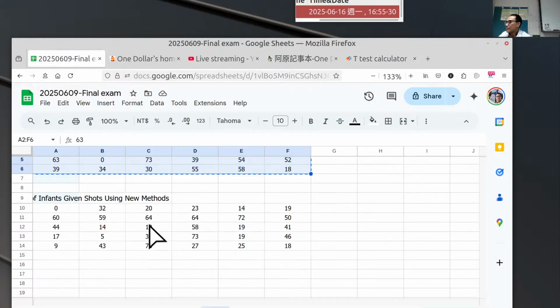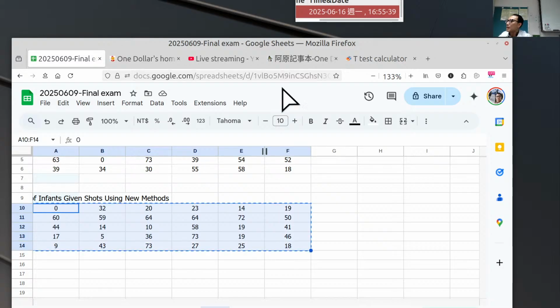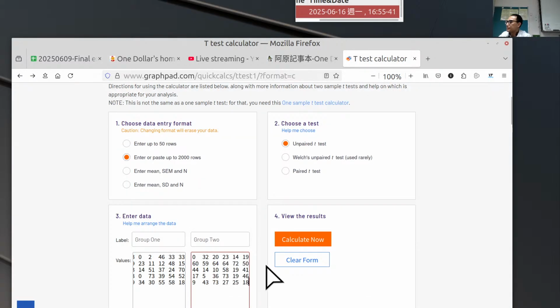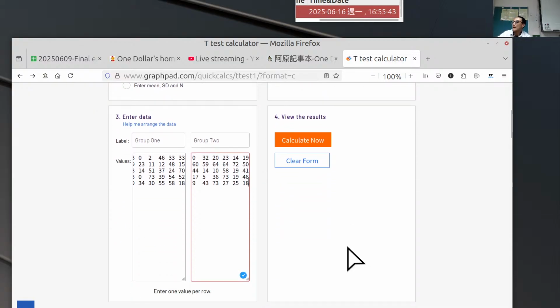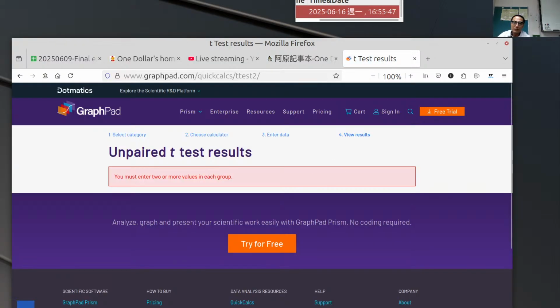Then the second one, copy and paste. Okay, and click calculate now. You must enter 2 or more values in each group. Oh, sorry.